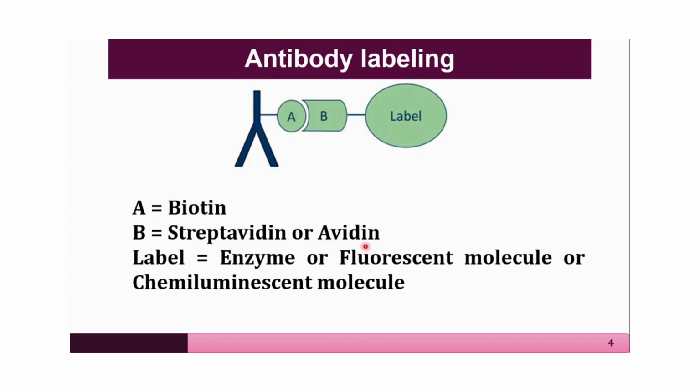Similarly, avidin is another protein molecule, which can be obtained from the hen's egg or bird's egg. The word avidin has come from birds, aves, A-V-E-S. This avidin protein also has strong affinity to biotin, just like the streptavidin. Either of them can be used to bind to biotin.